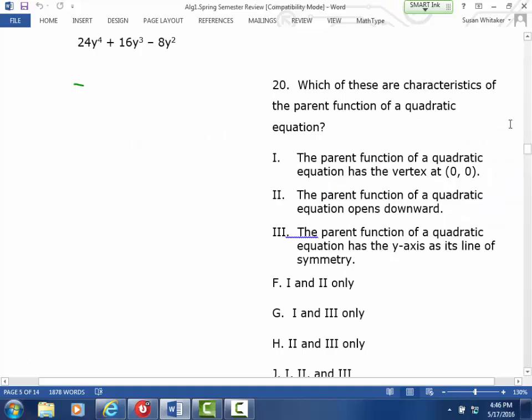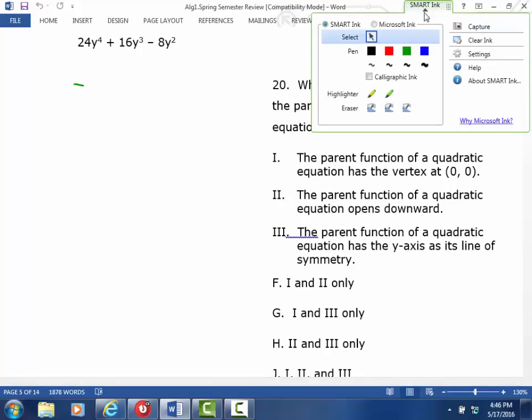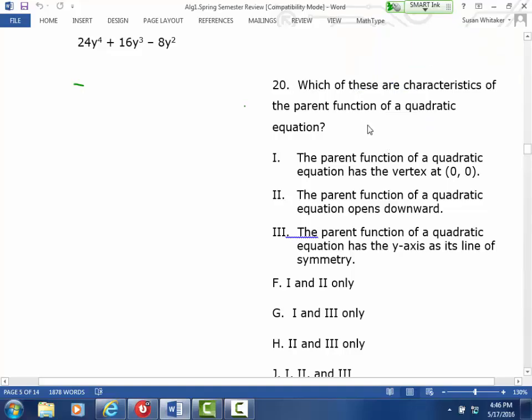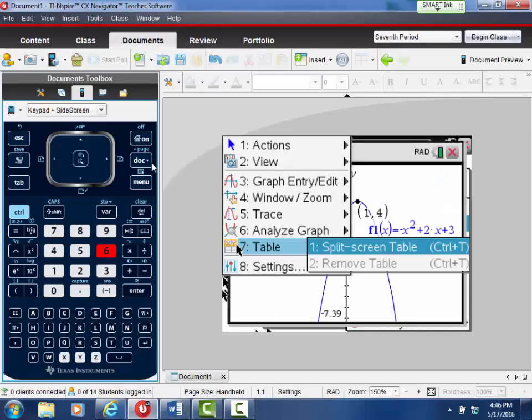Which of these are characteristics of the parent function of a quadratic equation? Okay, let's see. The parent function of a quadratic equation has a vertex at 0, 0. Okay, so I remember the quadratic parent function is y equals x squared. So let's check it out.